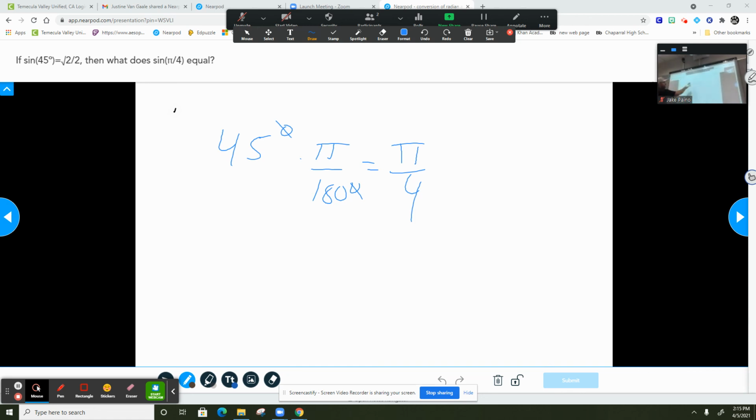So 45 degrees is the same as pi over 4 radians. So sine of 45 degrees is going to equal sine of pi over 4. Therefore, they both are root 2 over 2.